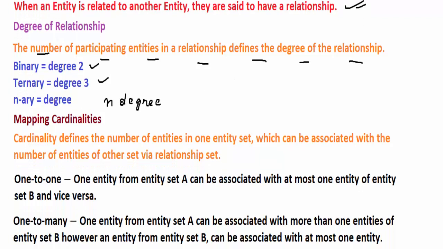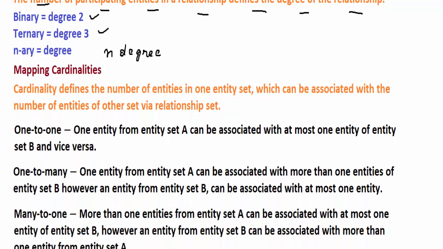Moving on to mapping cardinalities. Cardinality defines the number of entities in one entity set which can be associated with the number of entities in another set via a relationship.